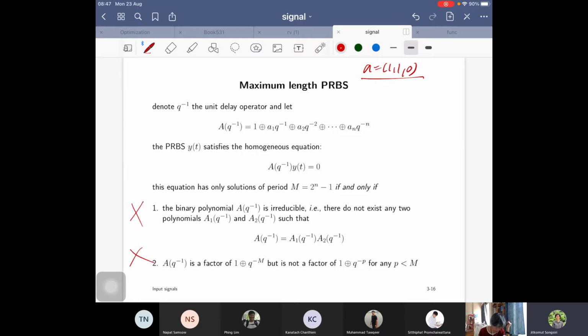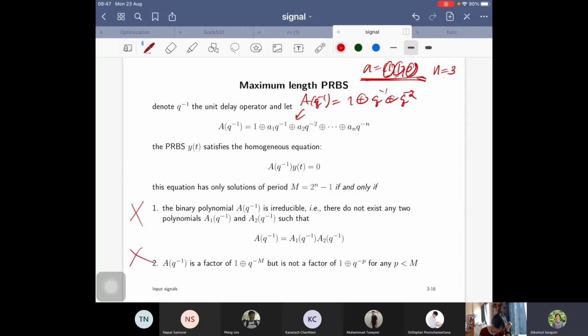I will illustrate why it violates these conditions. This is an example of n equals 3. The coefficients 1, 1, 0 correspond to A(Q) as 1 plus, this is a1, this is a2, and of course this is a3, which is 0.